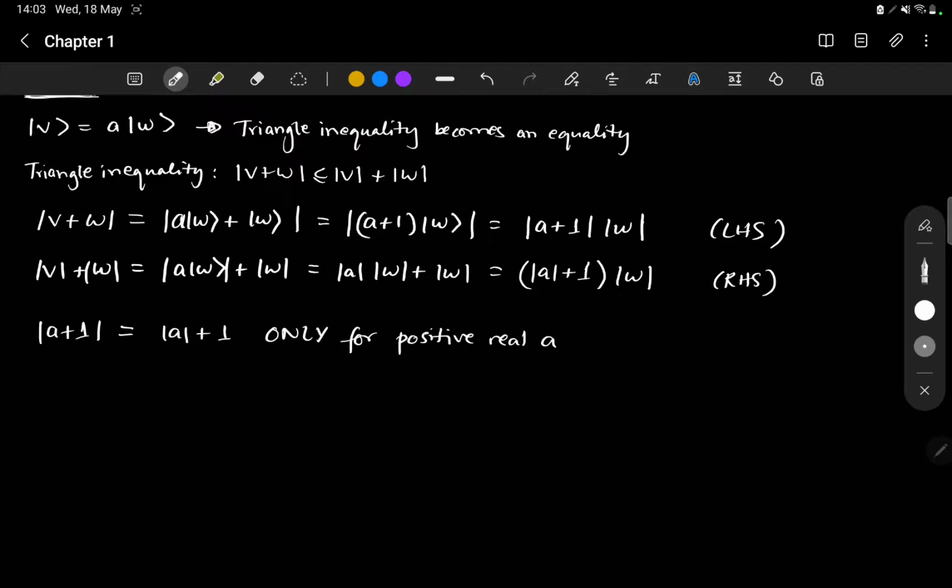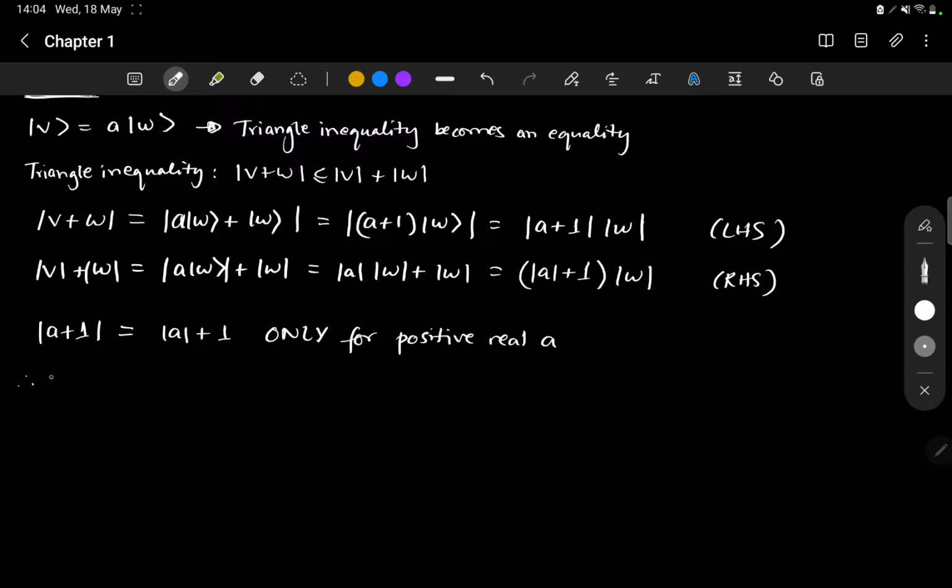Similarly, if you take some complex numbers, then taking the magnitude of the complex number added with 1 will be different than taking the magnitude of the complex number and then adding 1 to it. So this is true only for real positive a.